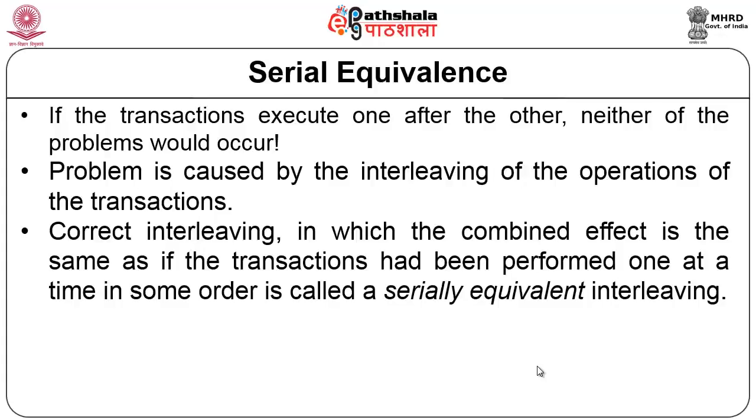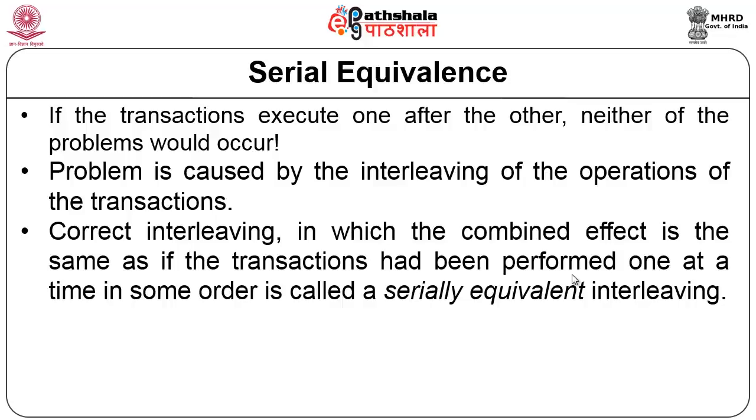That is not correct. There is a mechanism of doing a correct interleaving, and we have to find a correct interleaving of all the transactions. And this correct interleaving is called a serially equivalent interleaving, which is the same as if one transaction completes and then only the other transaction starts.